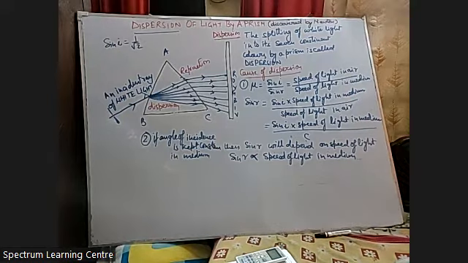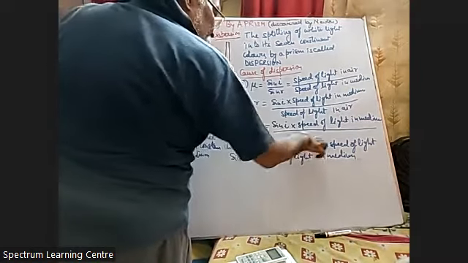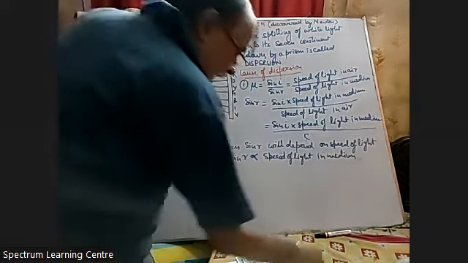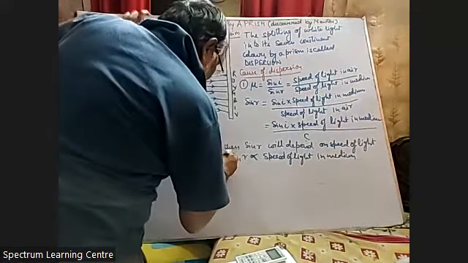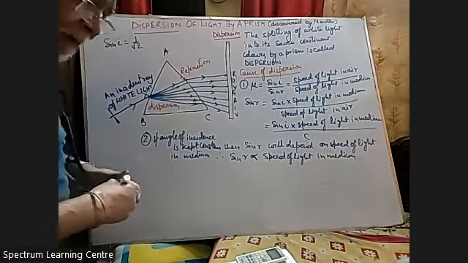Since sin I and the angle of incidence is kept constant, sin r can only change if the speed of light in medium changes. Angle of incidence is constant and speed of light in air is also constant. So if these two are constant, then sin r will depend on speed of light in medium. Therefore, sin r is proportional to speed of light in medium.